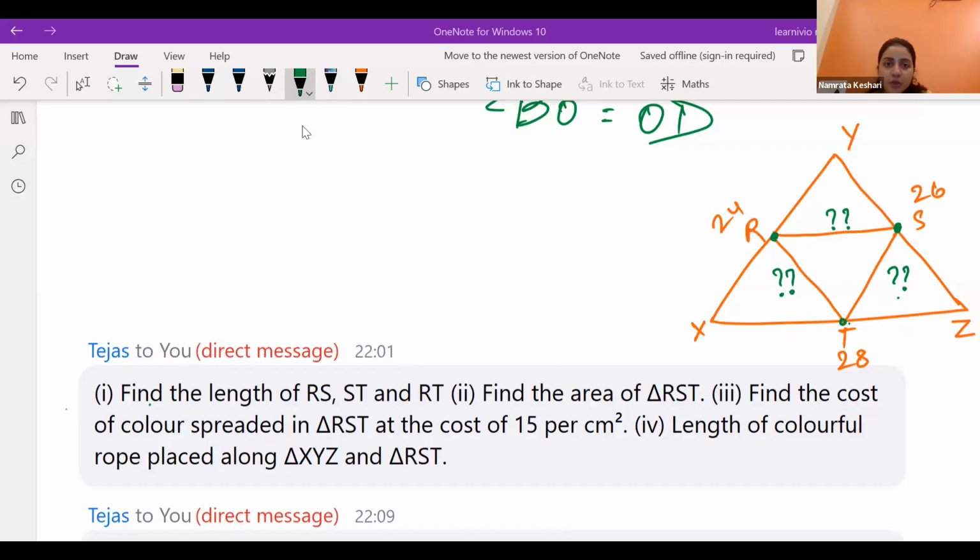Okay, you can't see the chat box, so let me take the snip of this one also. Till then, can I share the question? Just a second, Tejas.